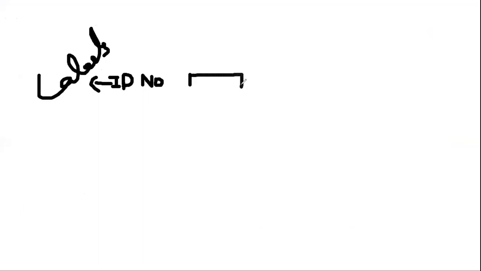Whatever names you are getting, like this ID number field, these are called labels. Beside this, you will get a box kind of structure to enter your credentials. These box structures are called entries.